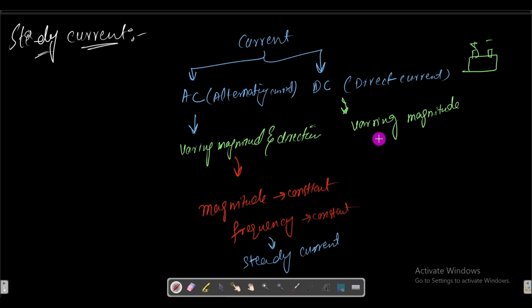Similarly, if I take the magnitude of the direct current as constant, we will call that also a steady current.